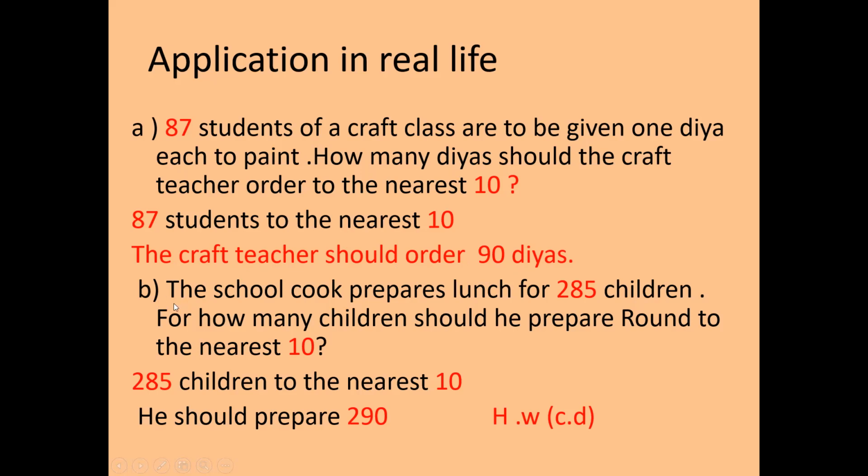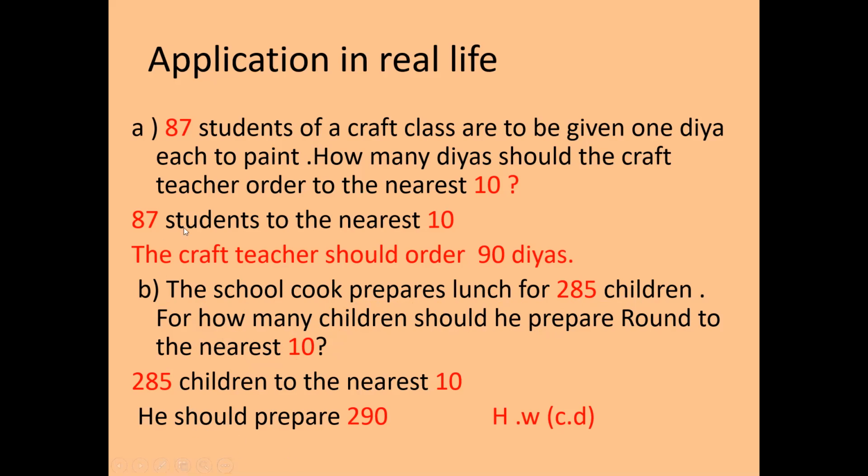Now here, letter B, the school cook prepared lunch for 285 children. For how many children should he prepare? Round to the nearest 10. So again, here also we round to the nearest 10, meaning we look at the number in one's place.